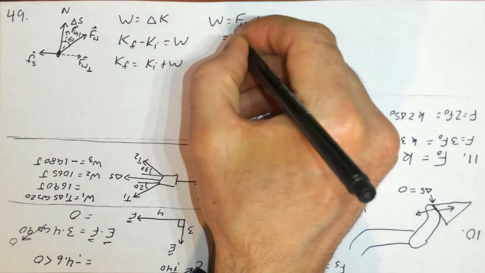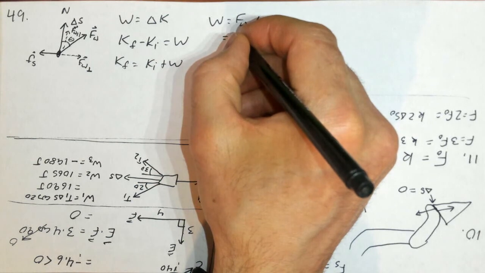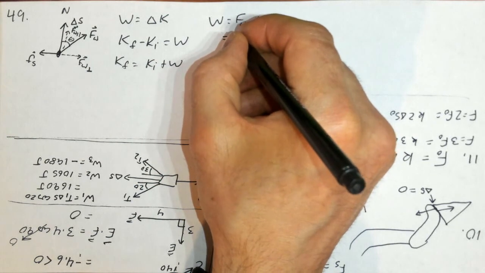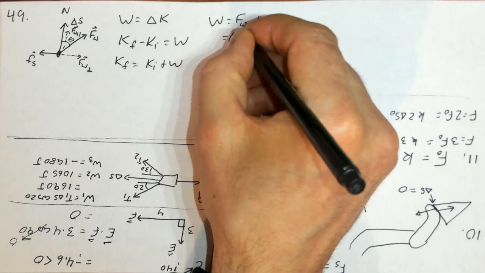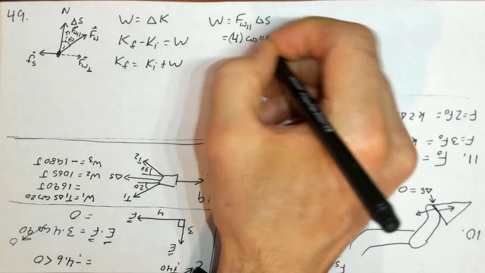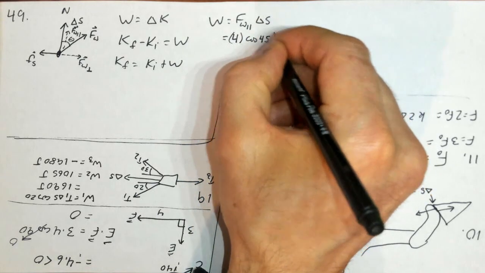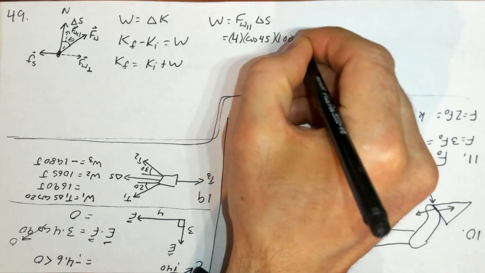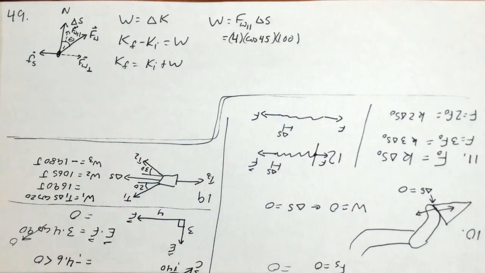So this is going to be the force of the wind, which is a 4 Newton force, times cosine of 45, which is the piece that's parallel, and then times 100 meters. They go 100 meters in this wind.